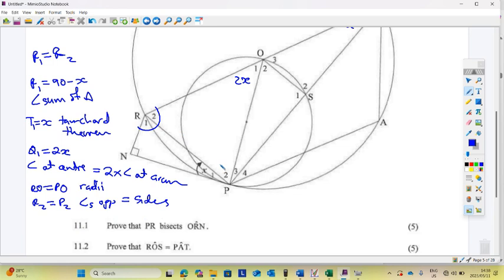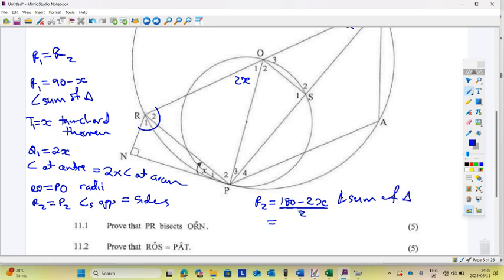So now to get the size of this one and that one, we are now saying your R2 is equal to 180 minus 2x, and we divide that by 2. Remember, this angle and that angle, they are equal, and reason for that is angle sum of a triangle.